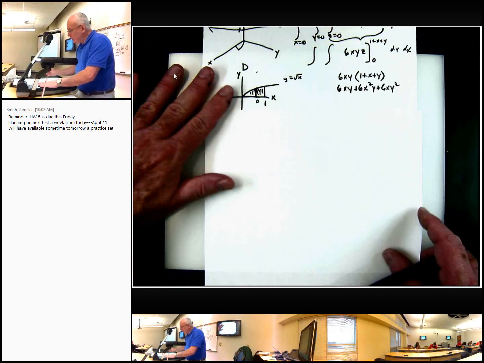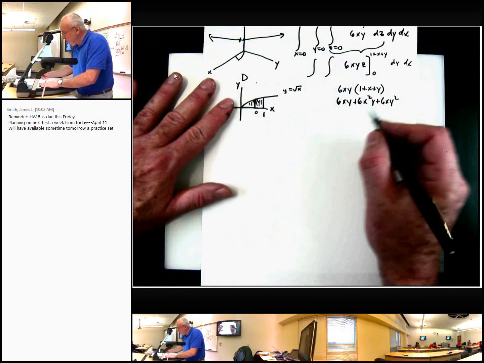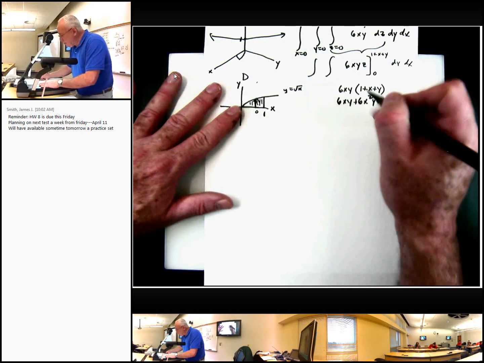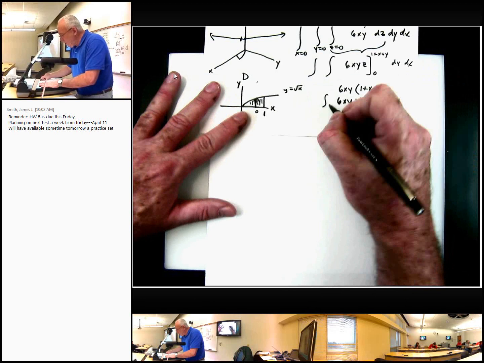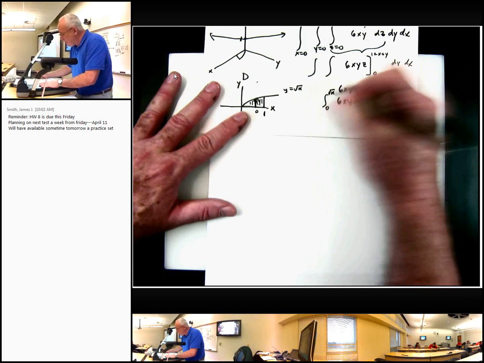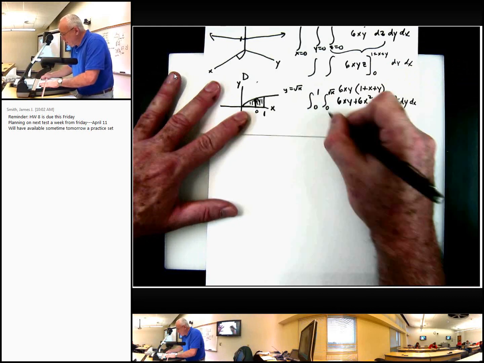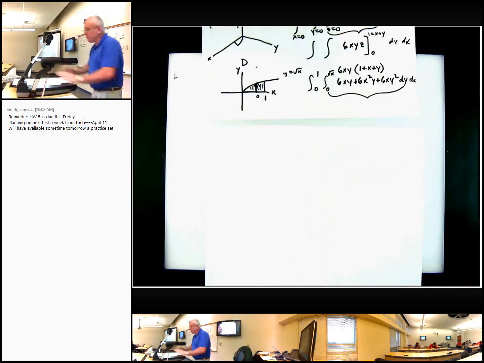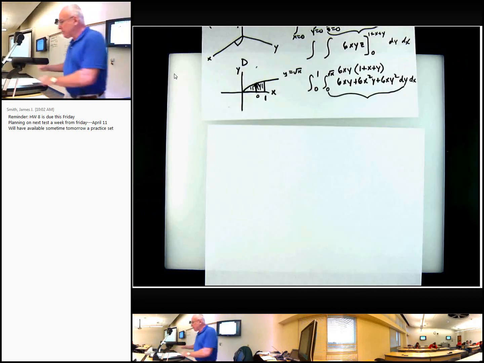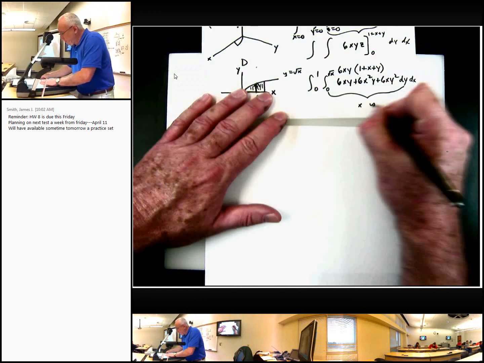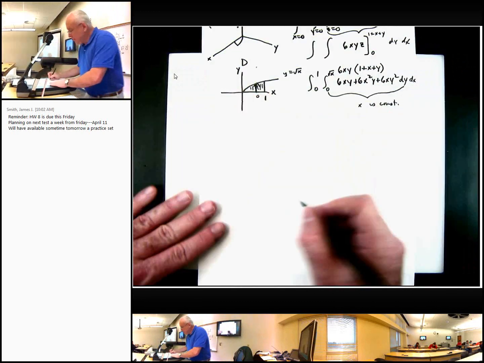So we need to then integrate this next one with respect to y, where y goes from 0 to square root of x, and then x goes from 0 to 1. So integrating this with respect to y, x is constant. So what do we have here?